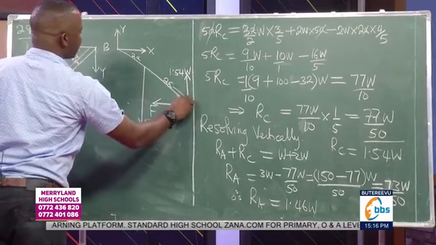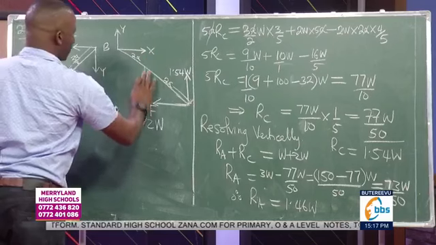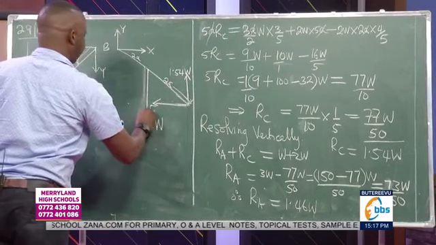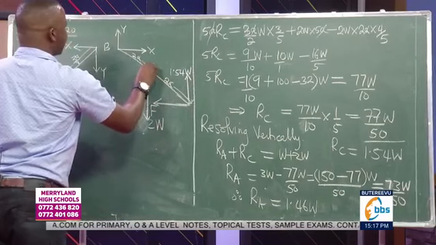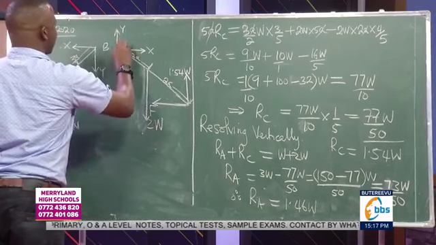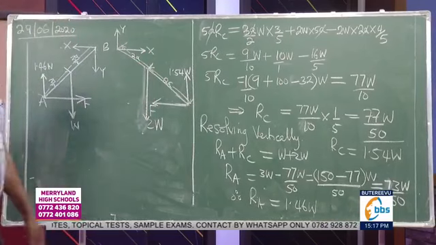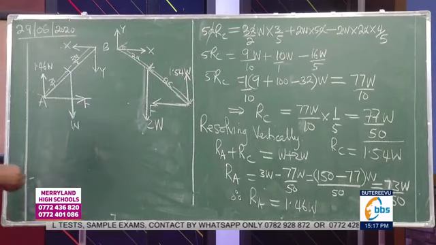The diagram is not drawn to scale. Maybe I could readjust this to be near there. So do not say that this length appears to be longer than the other one. The weight acts halfway in equilibrium.